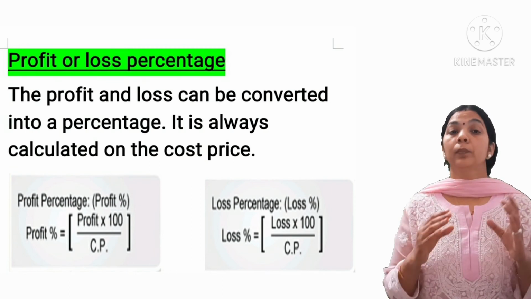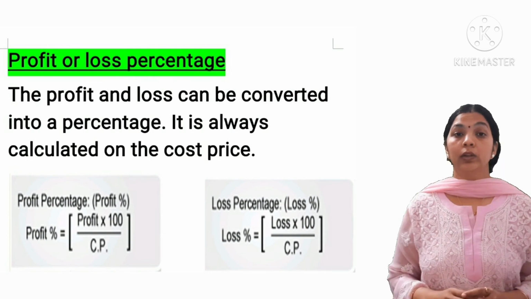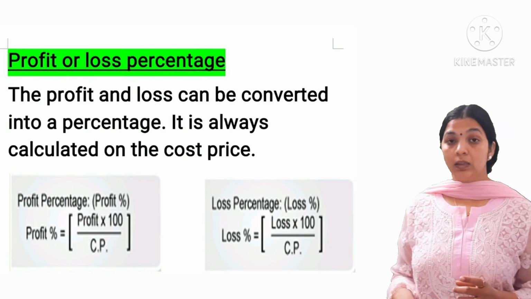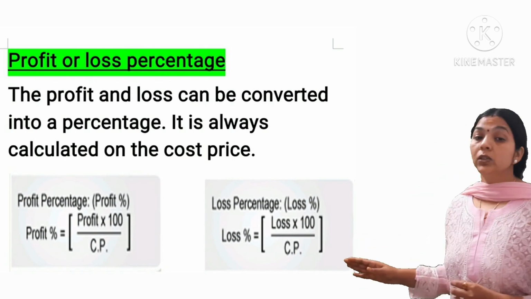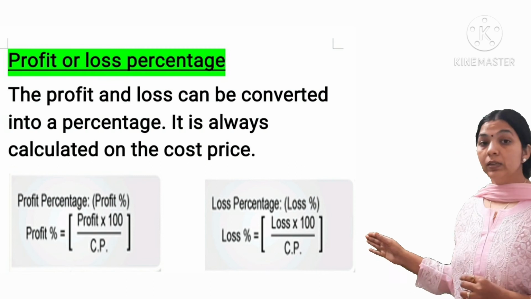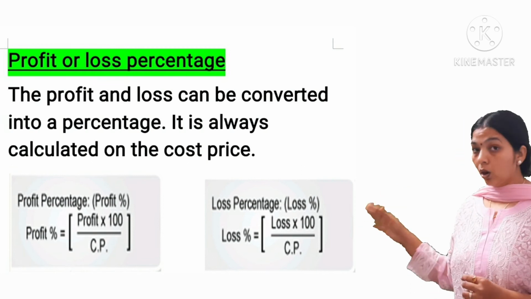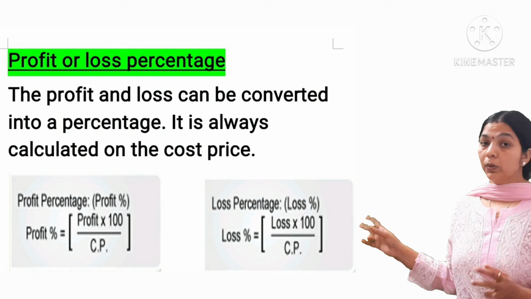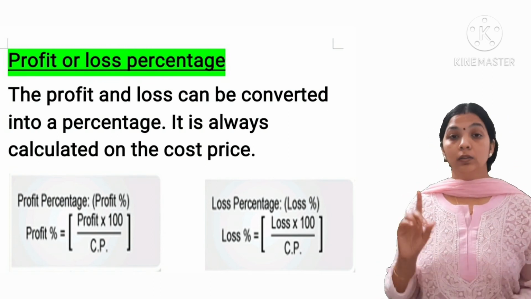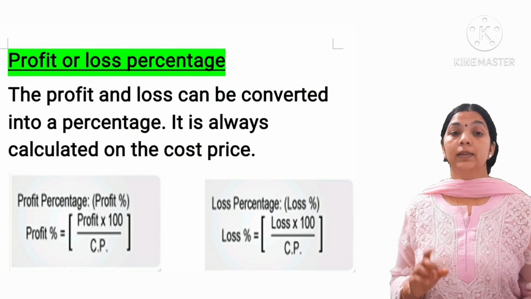Always remember that profit and loss are always calculated on the cost price only, not on selling price in any case. So profit percentage is equal to profit into 100 divided by cost price, and the loss percentage is loss into 100 divided by cost price. In both cases, we always calculate profit or loss on the cost price.